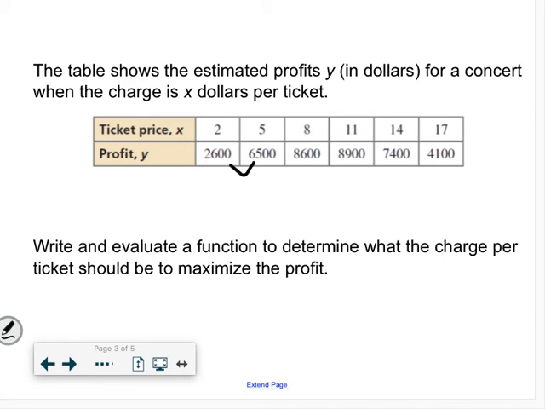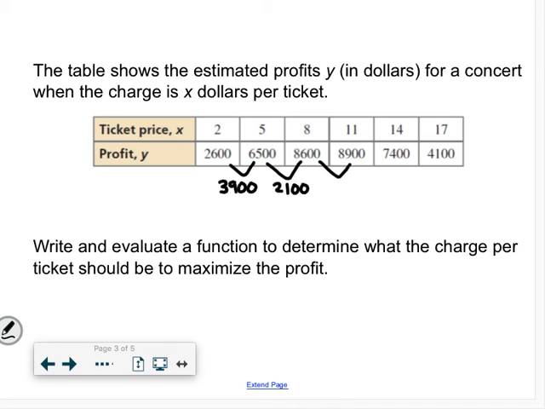I'm thinking 6,500 minus 2,500 would be 4,000, but I have 100 less, so 3,900. Then 86,000 minus 65,000 is 2,100. And I can see already it's not linear, right? But I'm going to keep going.